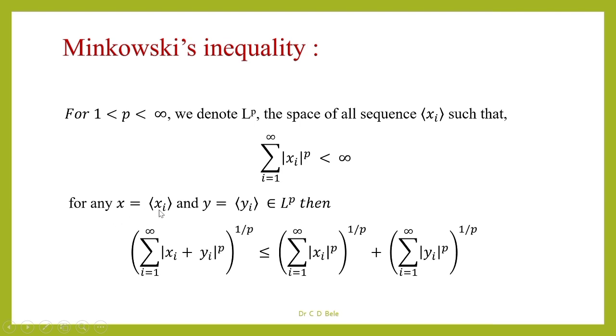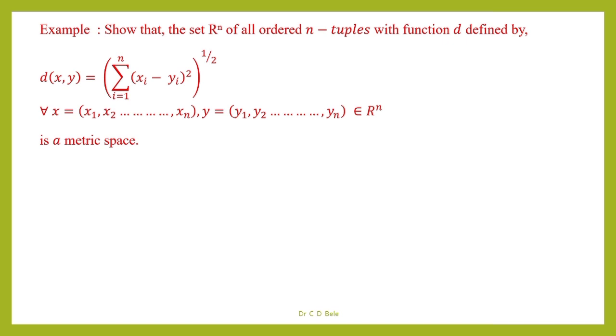For any x equal to the sequence x_i and y equal to the sequence y_i belonging to l^p, this satisfies the inequality, which is called the Cauchy-Schwarz inequality.